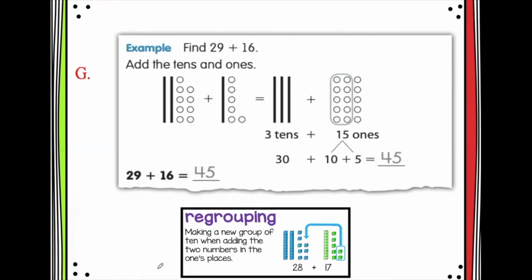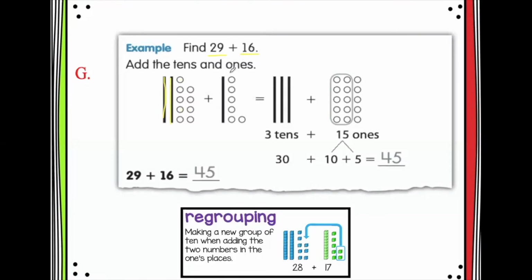Let's try another example of adding with regrouping. So let's use example letter G. Our problem is to find 29 plus 16. To show 29, they've drawn 2 tens, 10, 20, and 9 ones. 1, 2, 3, 4, 5, 6, 7, 8, and 9.